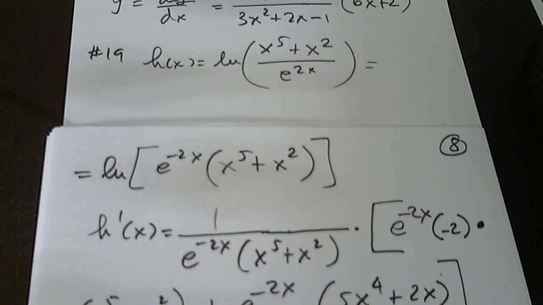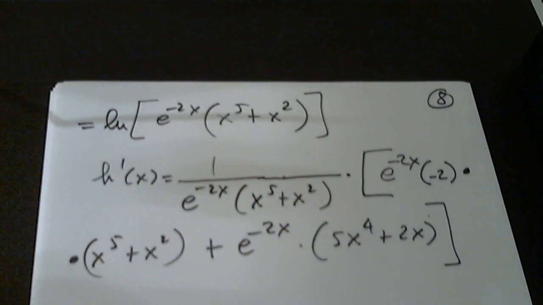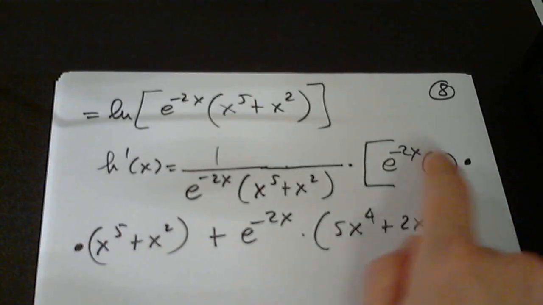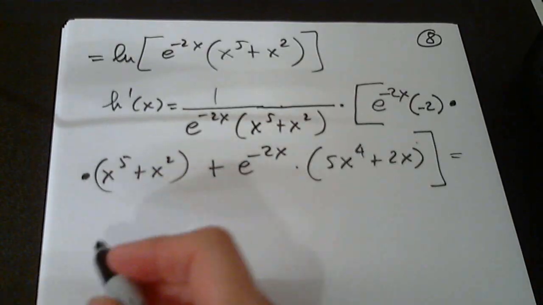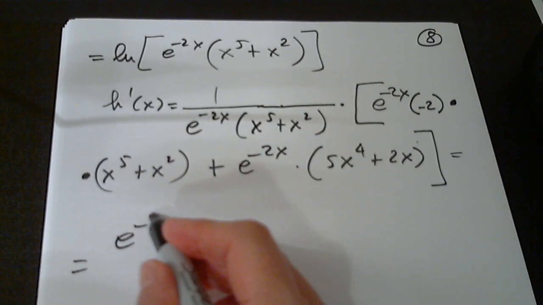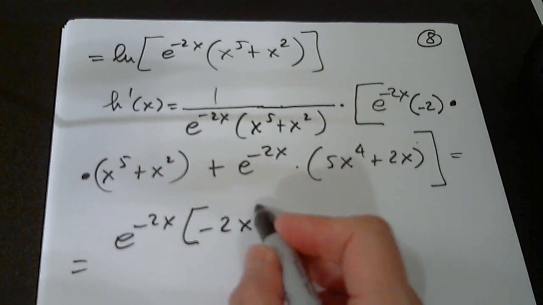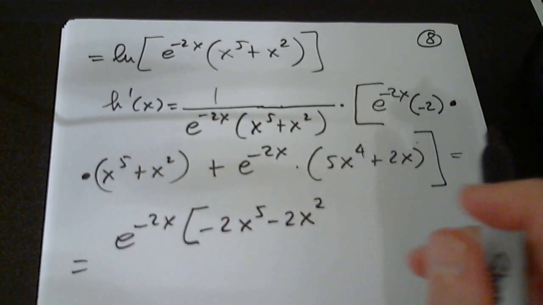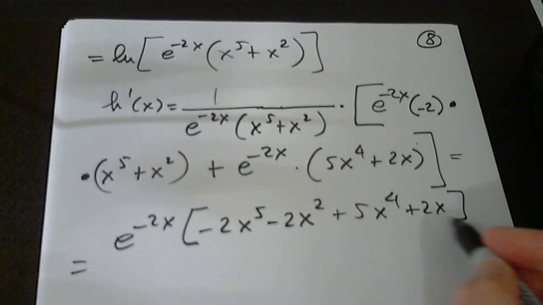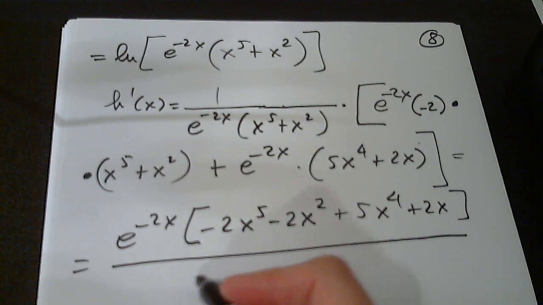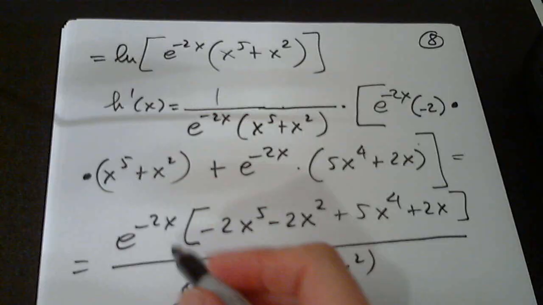Too messy to even mention, but I will try to clean it up a little bit. And see, these two terms have e to negative 2x in common. That will cancel with that, simplify. So e to negative 2x in the numerator. Then I have negative 2x to the 5th minus 2x squared, and then plus 5x to the 4th plus 2x over e to negative 2x, x to the 5th plus x squared.